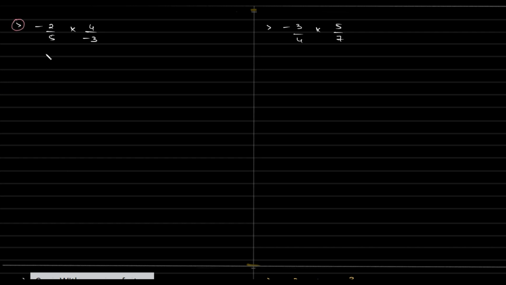Now, I told you to handle the sign. Whenever you see division and multiplication, you can handle the sign just by counting the negatives. So negative and negative, there are 2 negatives. 2 negatives will lead to a positive answer. So we can directly convert this question to this. It's a lot of help when we have a lot of negative terms.